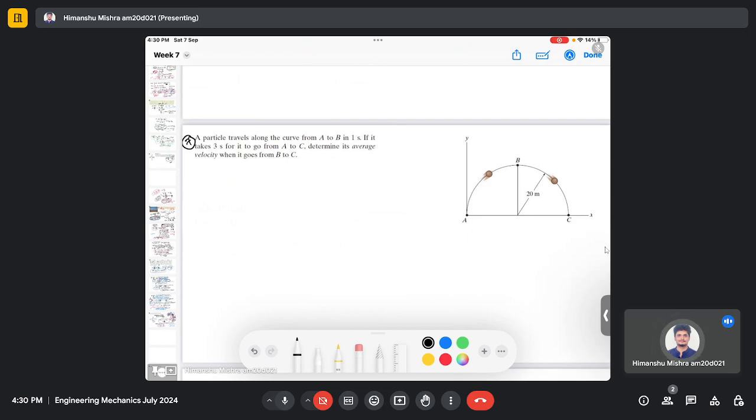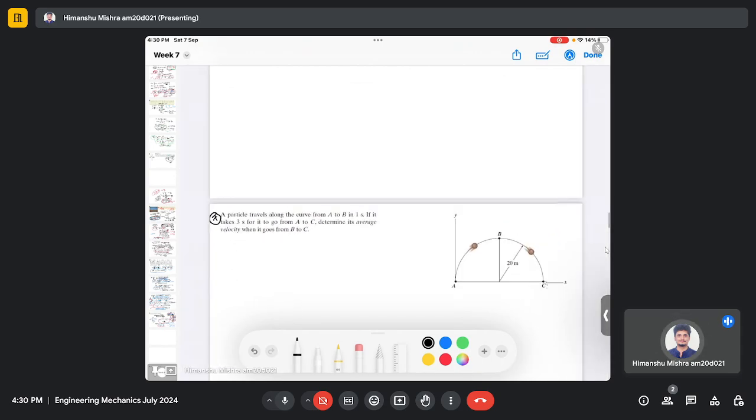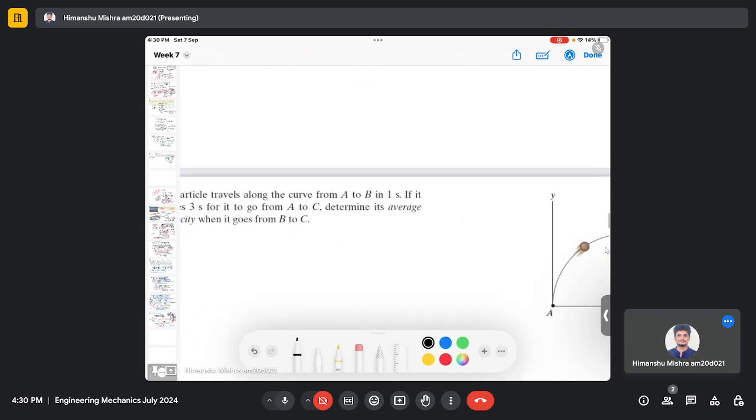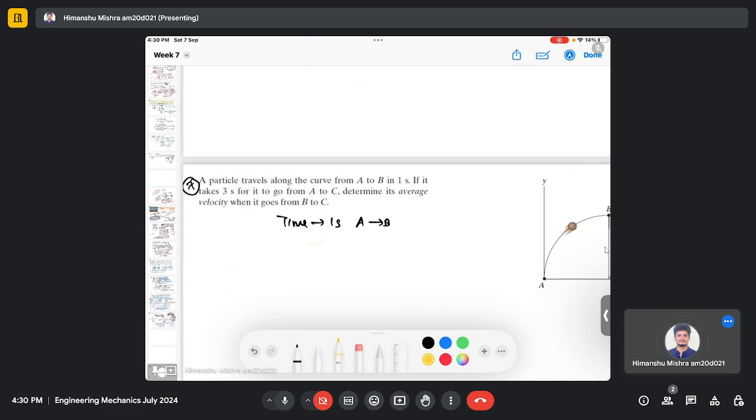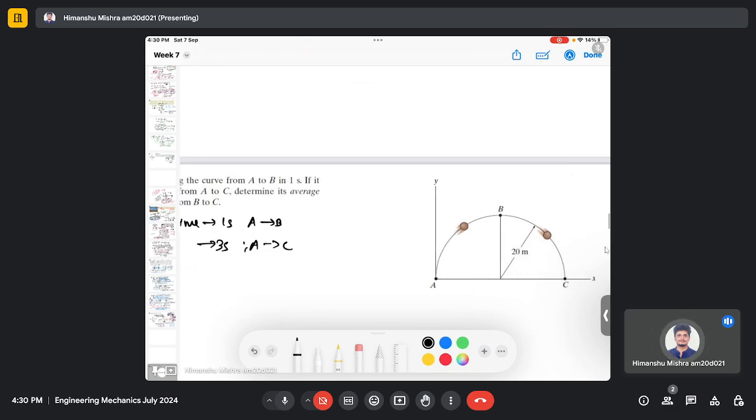If it takes 3 seconds for it to go from A to C, determine the average velocity when it goes from B to C. In the question it is given that the particle takes 1 second to move A to B, and 3 seconds to move A to C, which means to travel from B to C it should take 3 minus 1, 2 seconds, right?